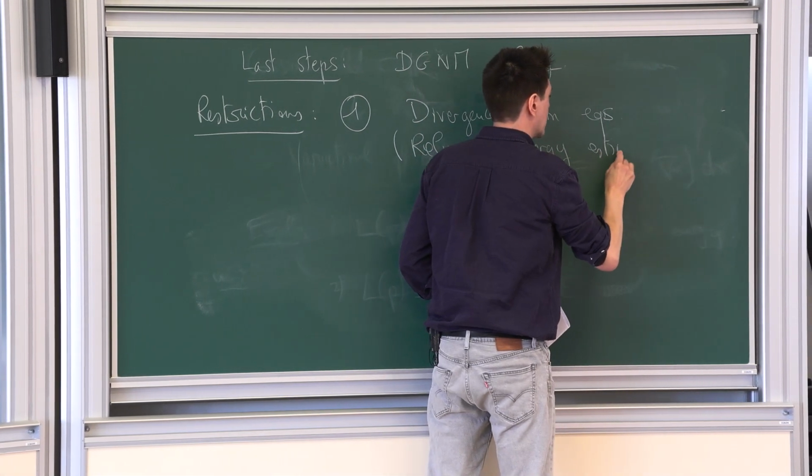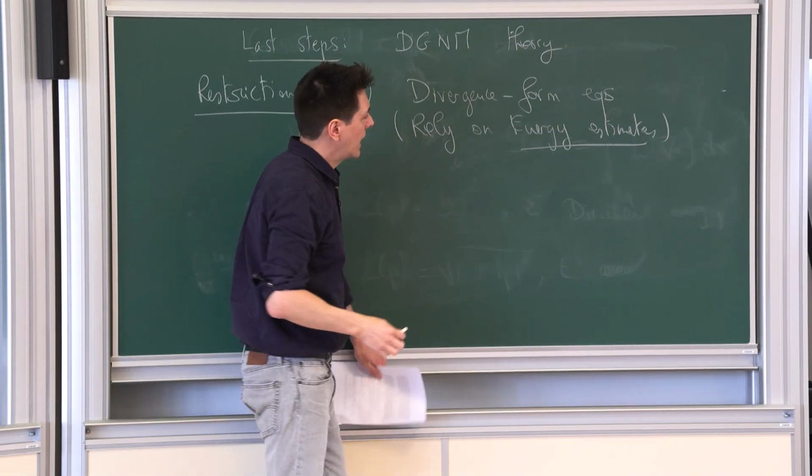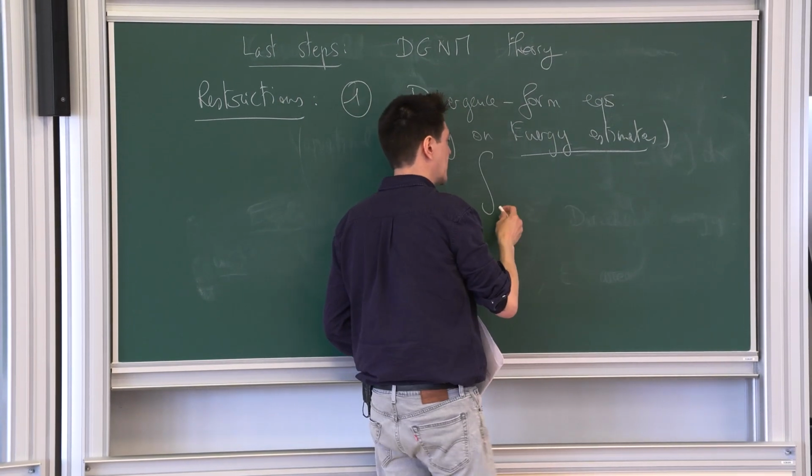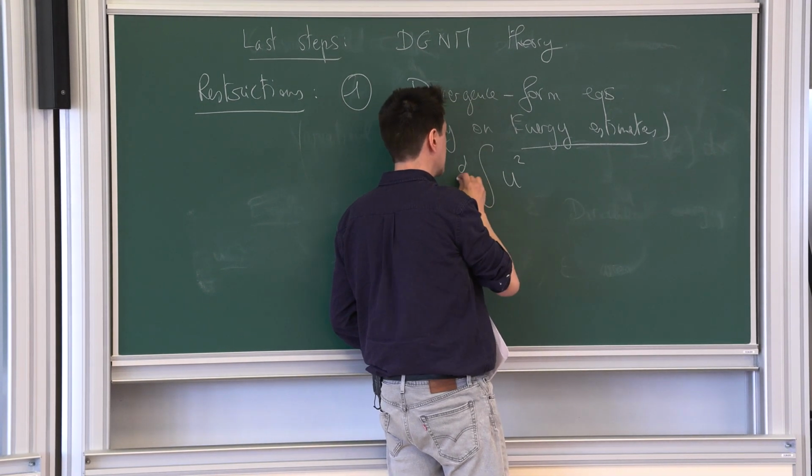So for those of you not PDE analysts, what I mean by energy estimate, it just means I want to be able to obtain an estimate on an L2 norm, for instance, by integrating.